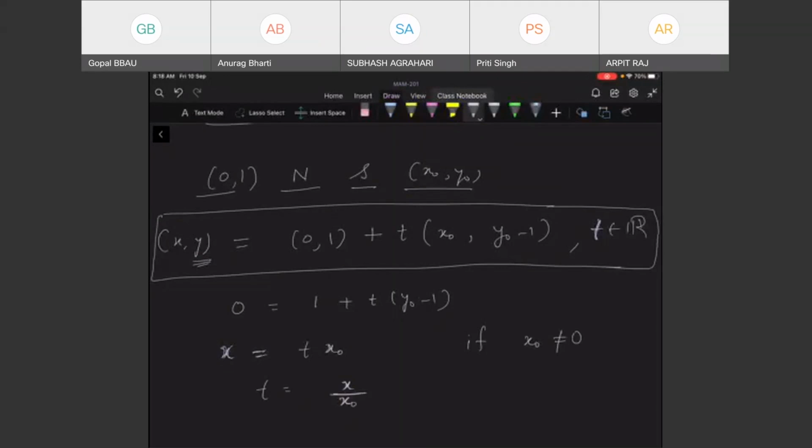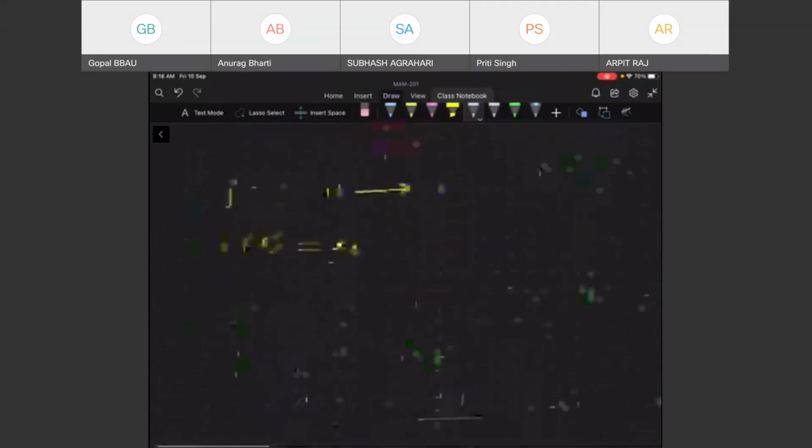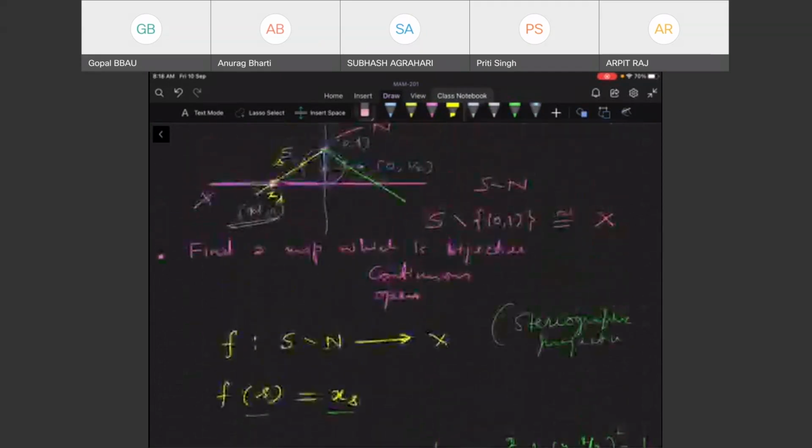So x equals t x0, and we have to find this t. If S is (x0, y0), then the image point will be (t x0, 0).